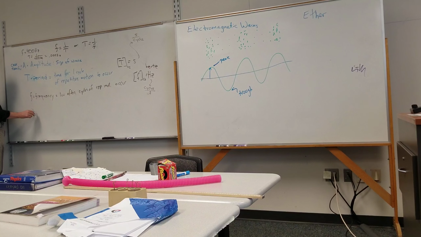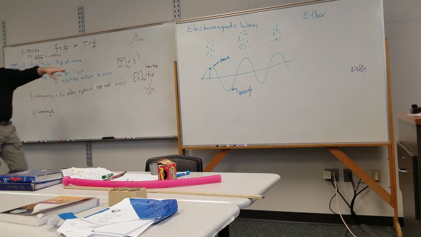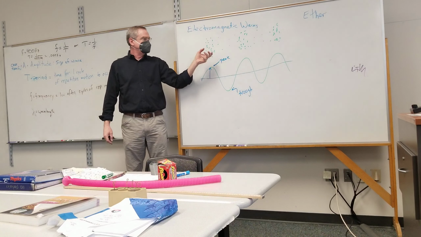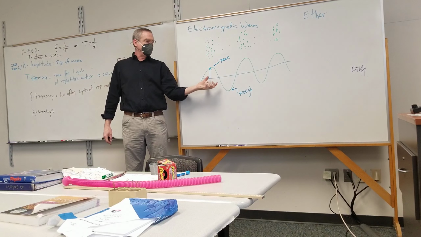Wavelength. So when I was doing the 400 hertz sound, think about, I have these waves that are basically coming out of my throat, more realistically like this, but we're going to represent it like this.